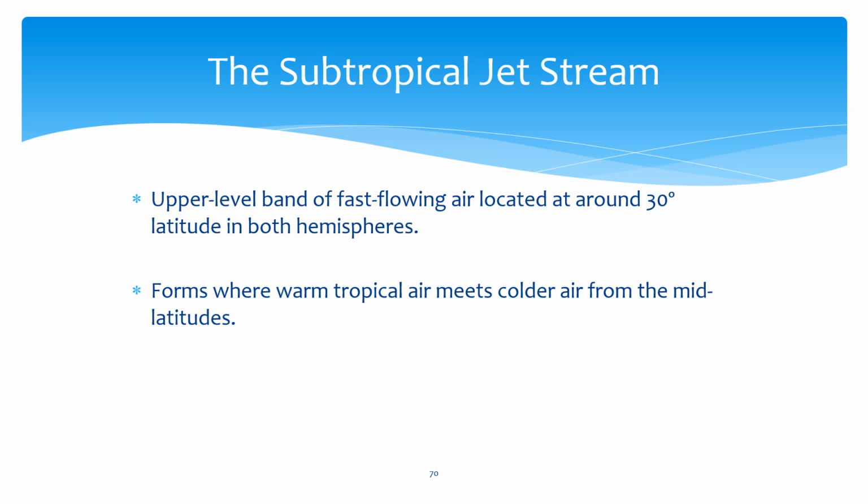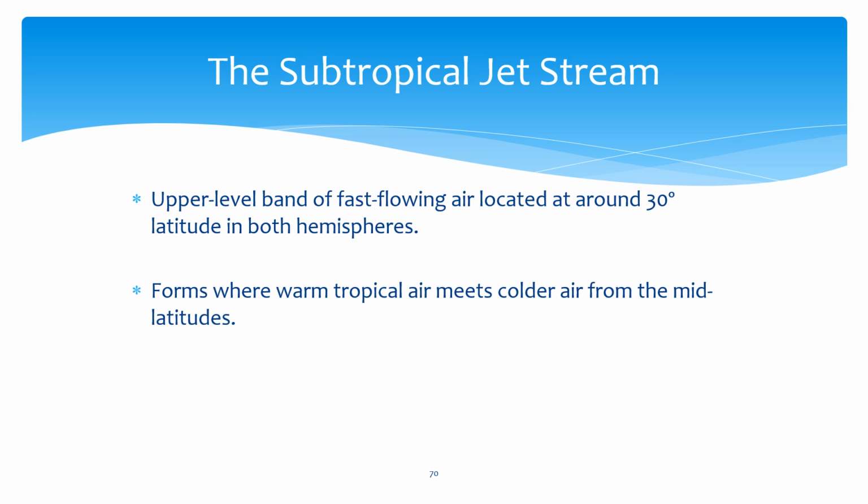So next we have the subtropical jet stream. The subtropical jet stream forms closer to the equator, over the 30-degree latitude in both the northern and southern hemispheres. This jet stream forms when warm air from the tropics meets cooler air from the mid-latitudes.